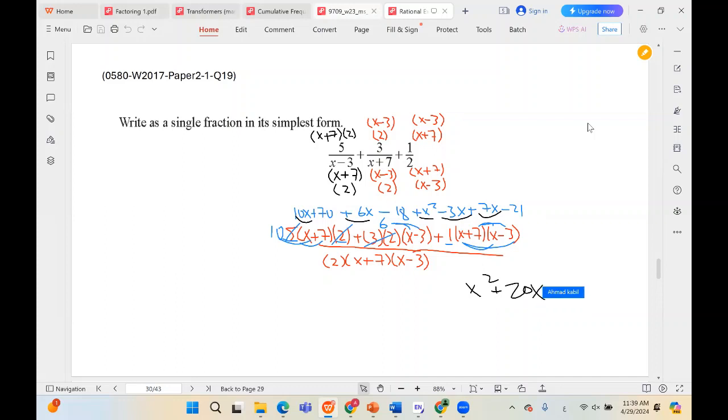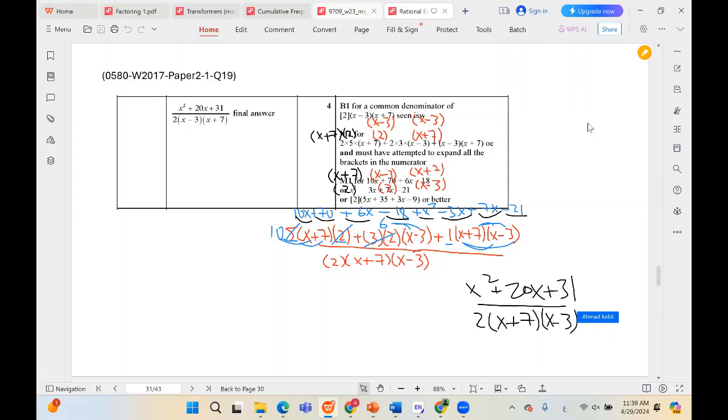And then we have 70 minus 18, which is 52. 52 minus 21 gives us 31, so plus 31 over 2 times x plus 7 times x minus 3. And this is the correct answer as well.